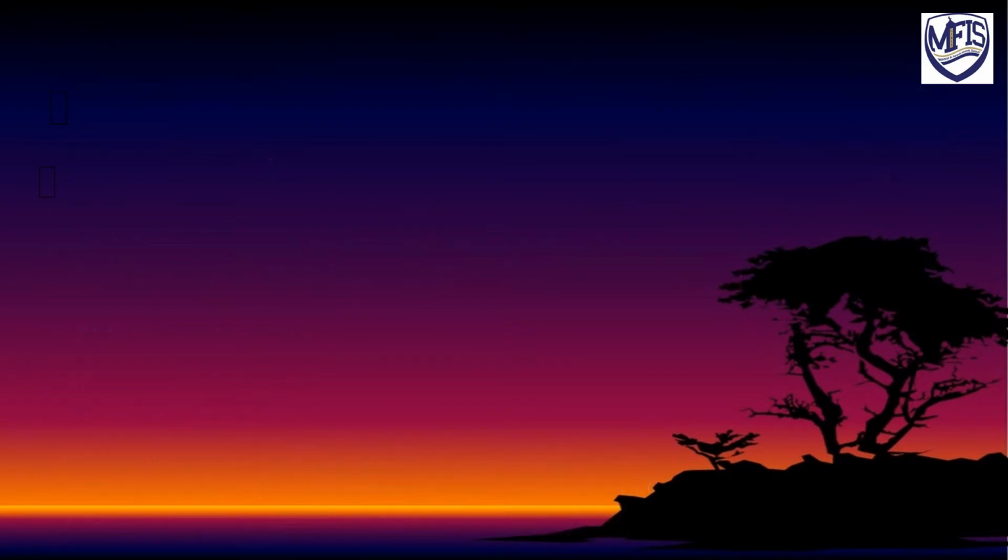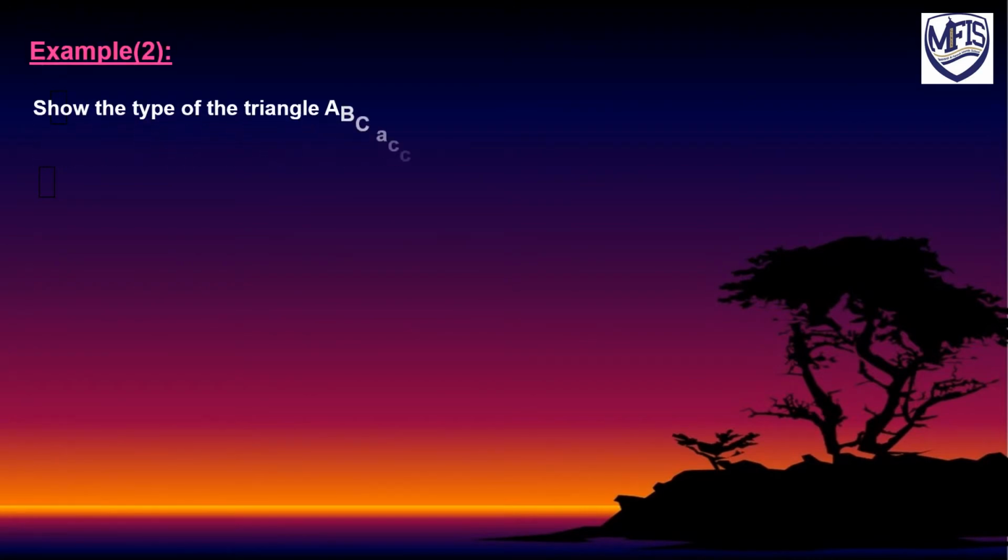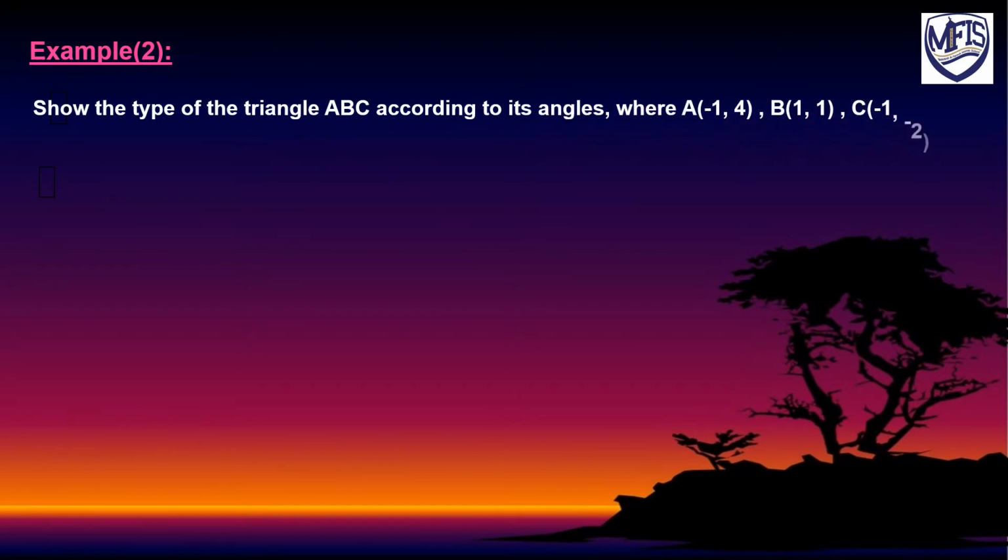Example number 2. Now, I will use the distance rule to show the type of the triangle ABC according to its angles, where A (-1, 4), B (1, 1), C (-1, -3).